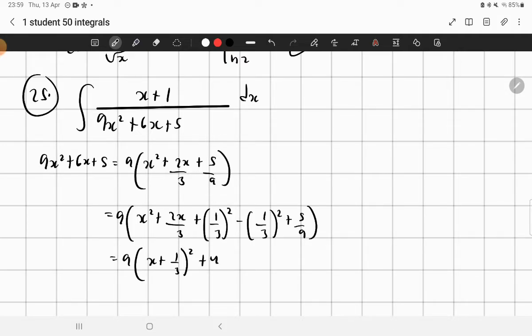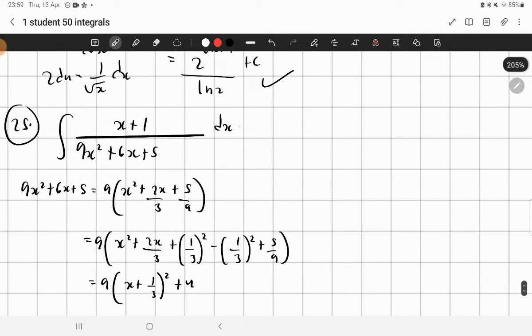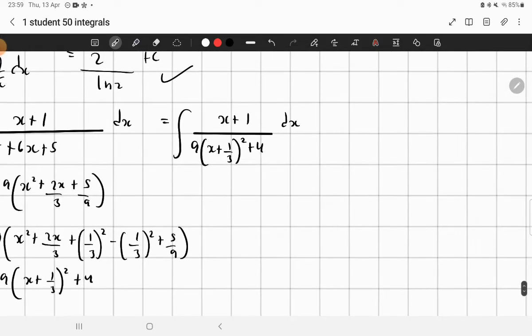So what we're going to do now is the following: integral of x plus 1 divided by 9 times (x plus 1 over 3) squared plus 4, dx. And now, by using the appropriate substitution, I believe x plus 1 over 3 will be best with tangent.